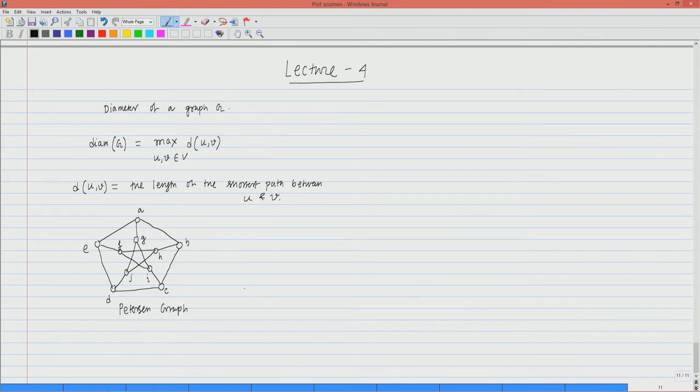Now what I have to do is compute the distance between every pair of vertices.